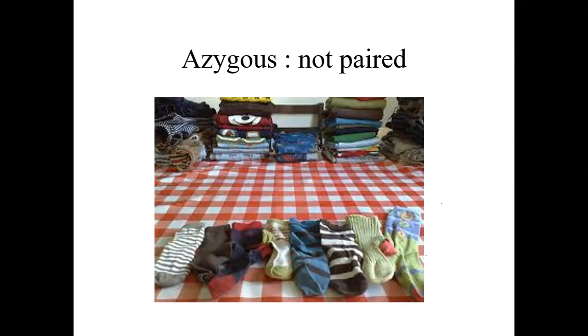My socks are azygos. I throw all of my socks into a drawer, and whatever two I pick out, those are the two I wear for the day. Do we have those in the body? Yes. If you ask me where, I couldn't say.